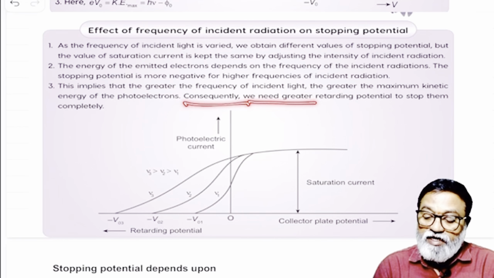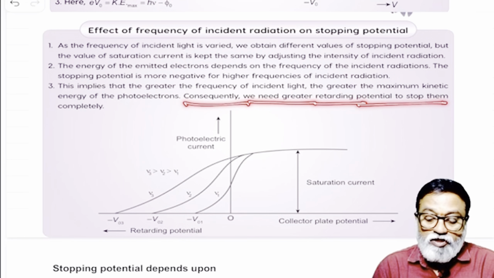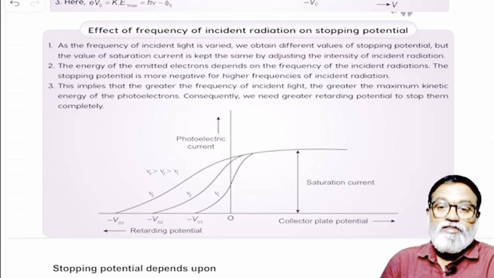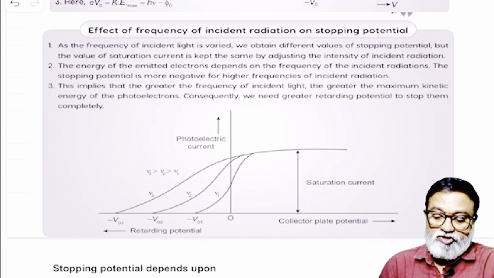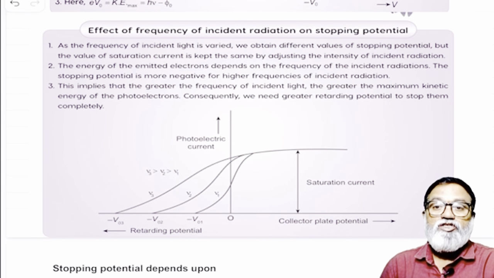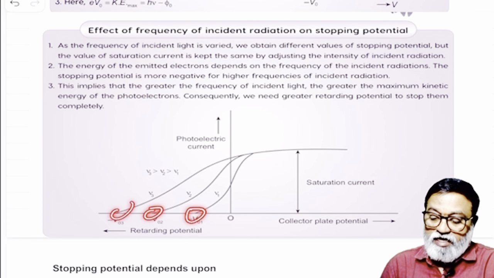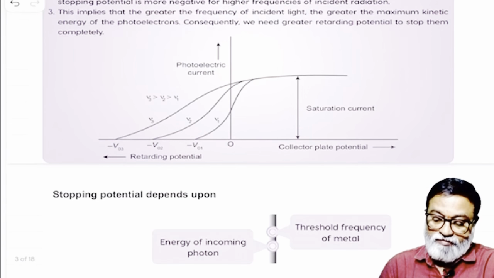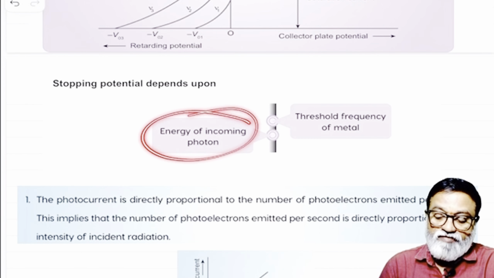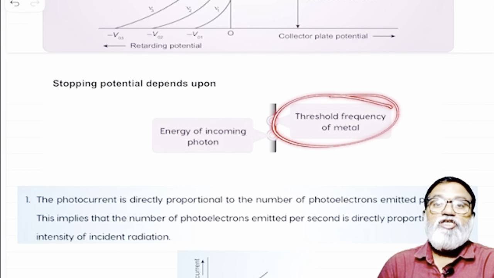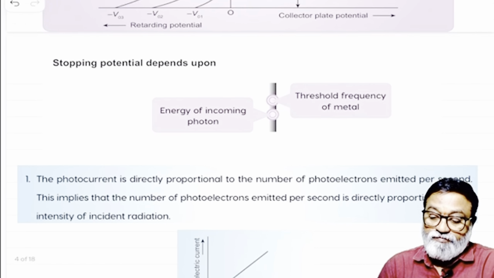Consequently, we need a greater retarding potential to stop them completely. Therefore, higher the energy, we need a higher retarding potential. Therefore, stopping potential only depends on frequency and does not depend on intensity. Therefore, stopping potential depends upon the energy of the incident photon and the threshold frequency of the metal.